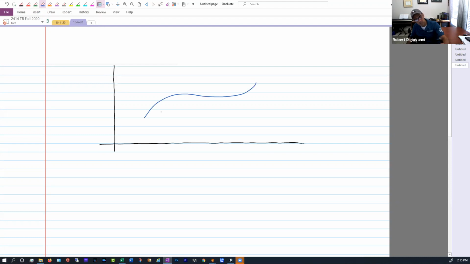Here's our function. I'm going to start us out here at A and end us here at B. And this is our function y equals f of x. Now, let me do this. Imagine now that we cut this into n rectangles.